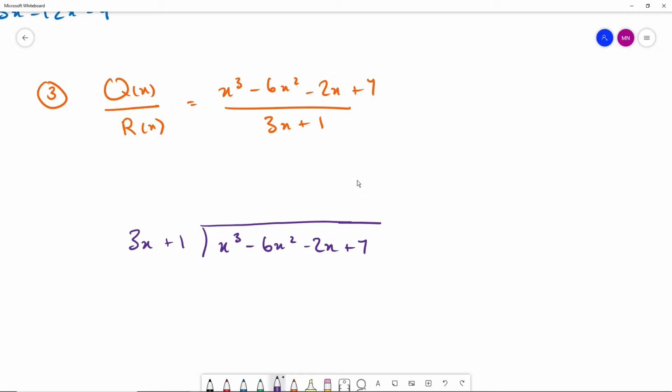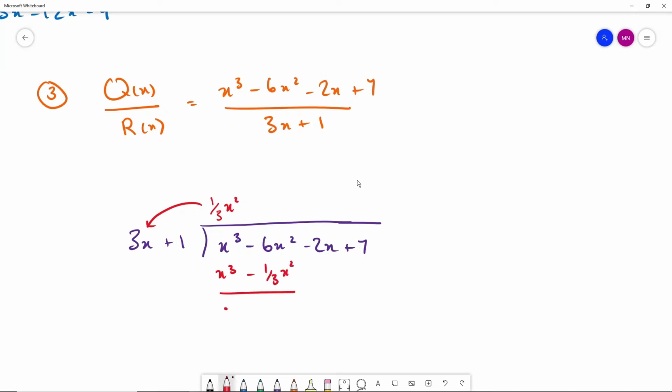Firstly, we have x to the power of 3. In order to get x to the power of 3, we take 1 over 3 x squared. 1 over 3 x squared, when multiplied with 3x, gives us x to the power of 3 minus 1 over 3 x squared.